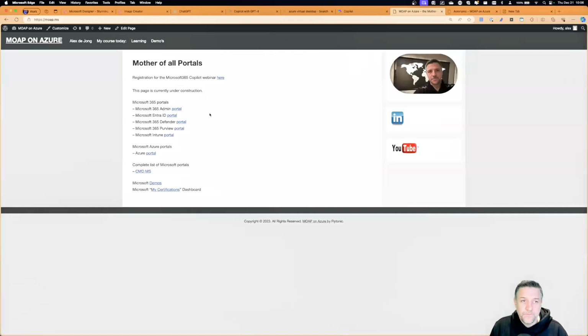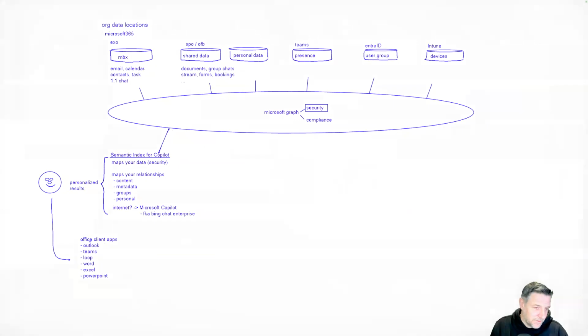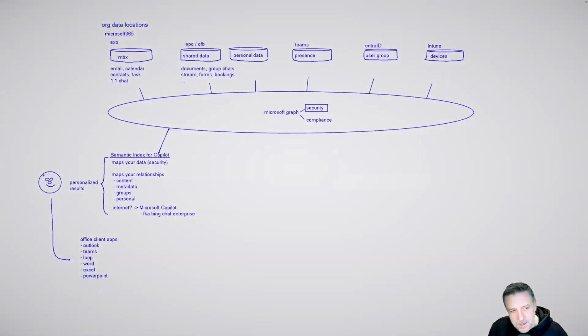So we do have the client applications that we use to connect to, and these client applications are useful for us to reach Copilot. Now, one thing you may be interested in is that a user might not be super familiar with what kind of questions to ask in Copilot.